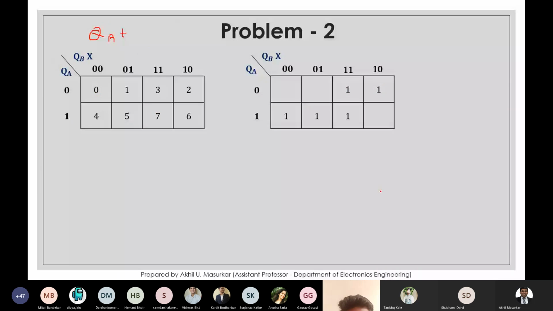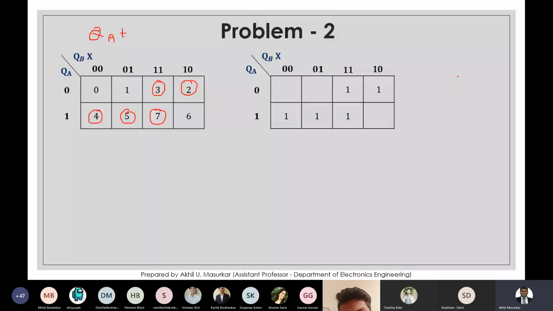So at 2, 3, 4, 5 and 7, we are having ones. So what is QA plus?